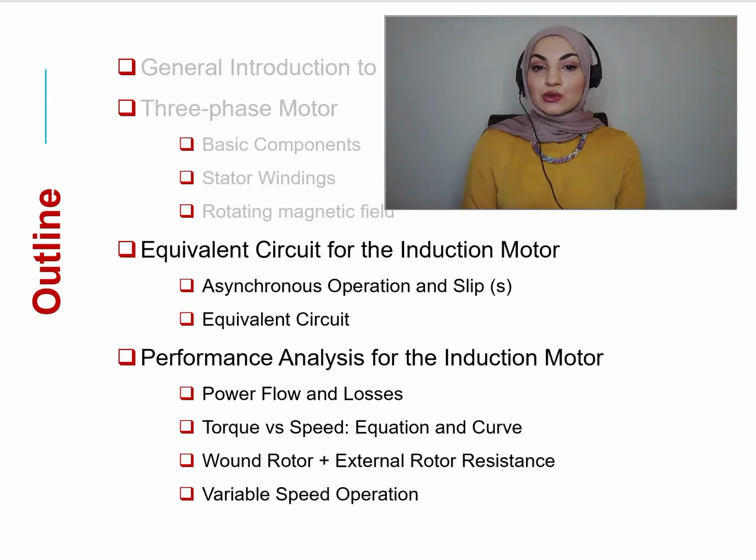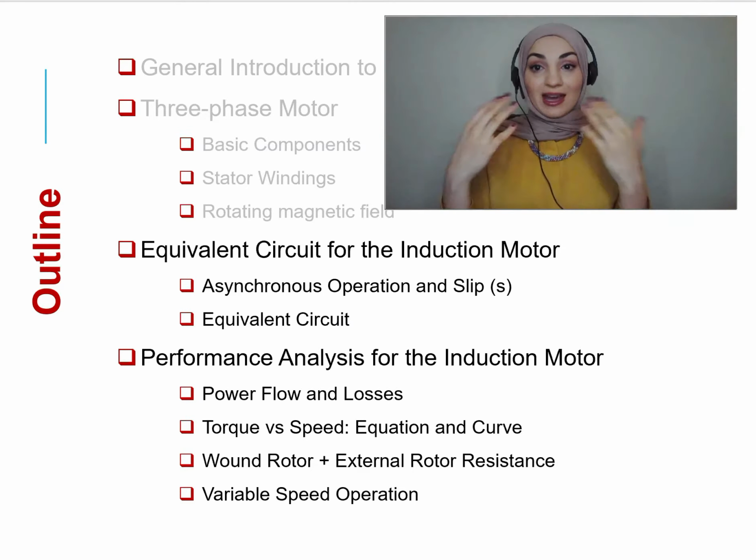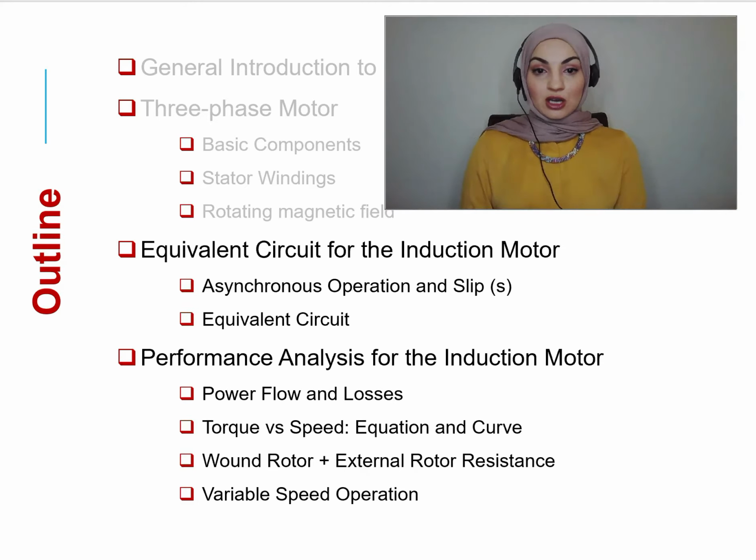We are going to understand the power flow from the input to the output and the types of losses. We are also going to discuss the torque versus speed curve and come up with its equation. And we will also understand the effect of the wound rotor and the external rotor resistance on varying the speed and the torque of the motor. And this will be the end of the lecture.